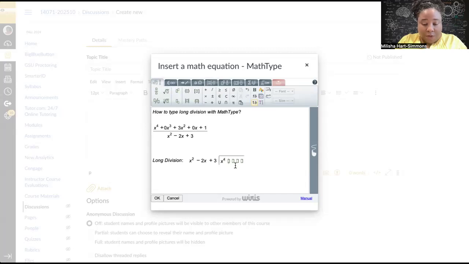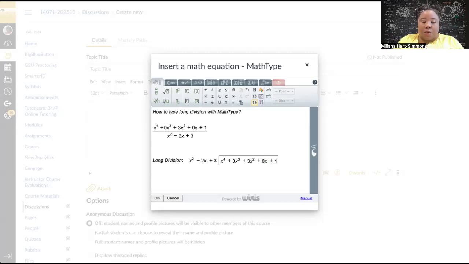The next entry would be plus 0x raised to the third power. Then we have plus 3x raised to the second power, plus 0x. Then the last thing is plus 1. I put a space there so that we can see exactly what's going on. It's best to keep a space so you can keep up with your work, okay?